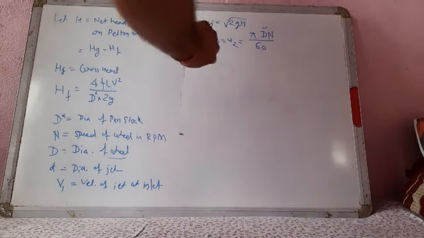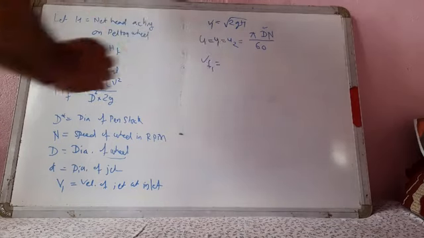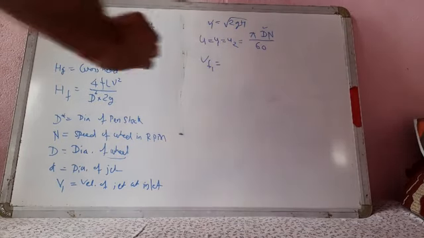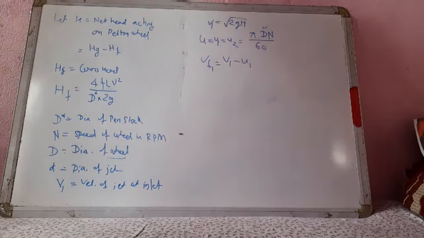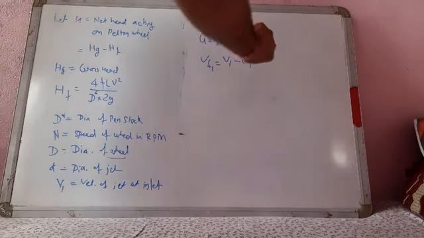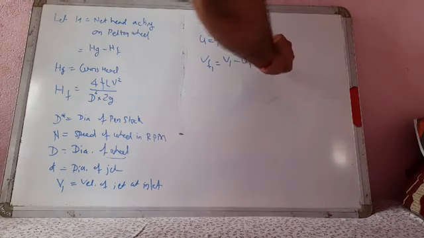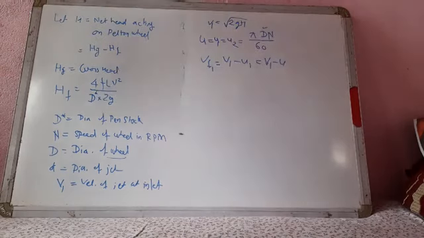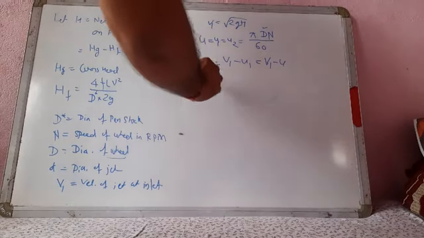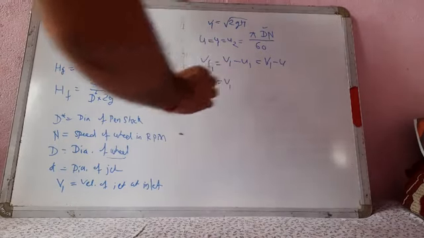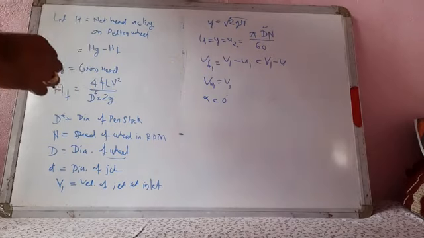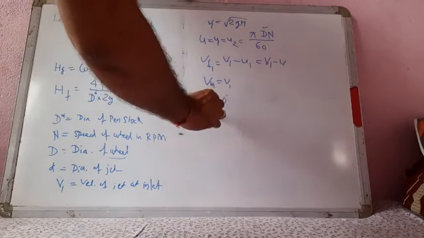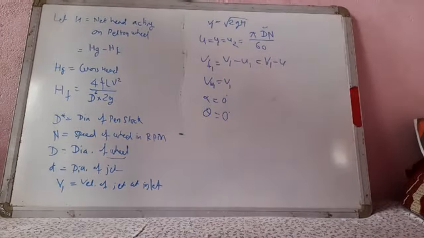So VF1 equals V1 minus U1, that is V1 minus U. Then VW1 equals V1, since alpha equals 0 degrees and theta is also equal to 0 degrees on the inlet side.